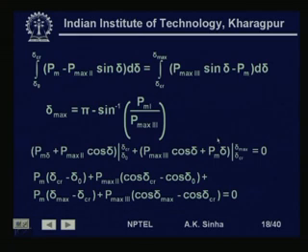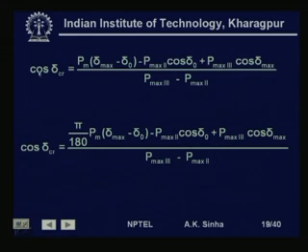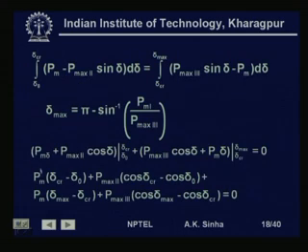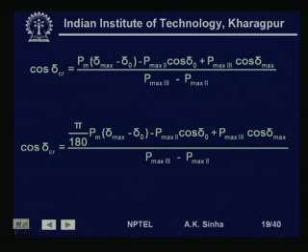So, now substituting the values, we can finally calculate cos delta critical is equal to Pm into delta max minus delta 0, minus P max 2 cos delta 0 plus P max 3 cos delta max, divided by P max 3 minus P max 2. So, after simplifying, we can get cos delta critical as this expression.